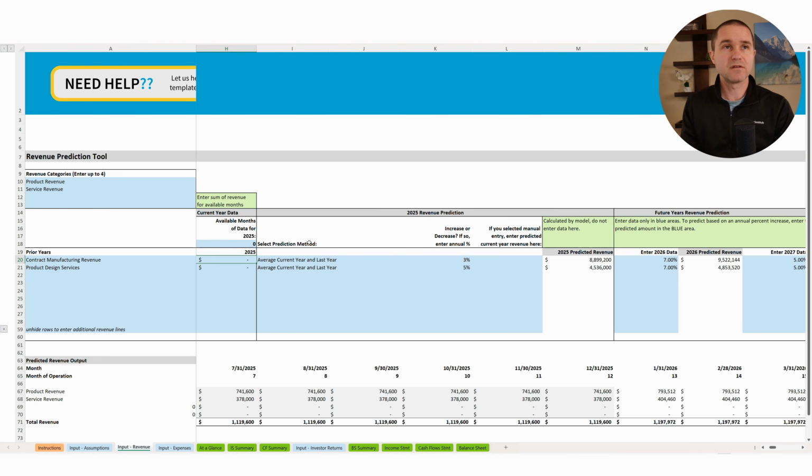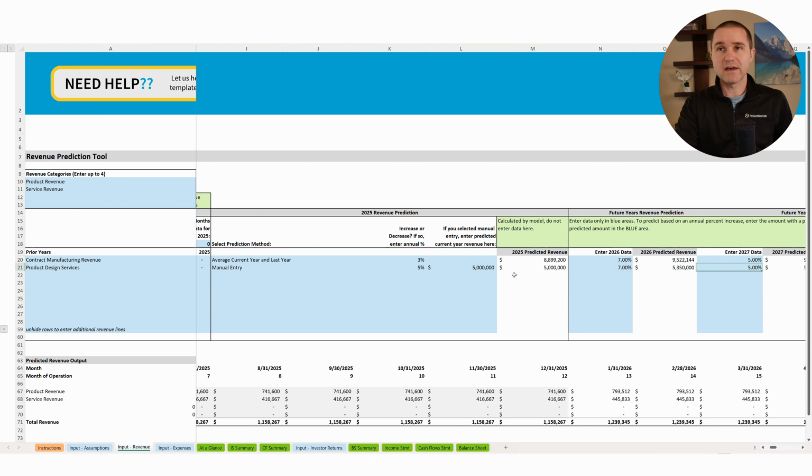Now, you also have the ability to manually input. So you don't have to use this average current year or prior year. You can just say manual entry. And then if you select manual entry, you'll have this item right here. You just say, okay, this is where I'm going to put in how much revenue I think we're going to do in this category. So I think we're going to do 5 million. And then you can also do that for these future years.